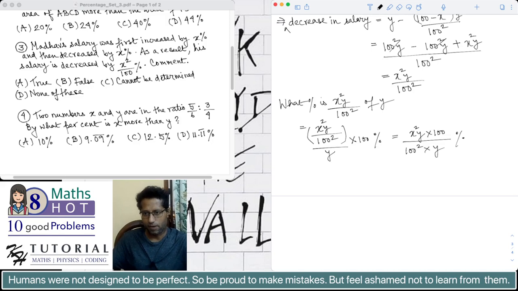Now Y cancels out, 100 divides the numerator 100 square with 100, and this is indeed X square by 100 percentage. So it is a correct statement that as a result the salary was decreased by X square by 100%. So the correct choice is, it's a true statement. Correct choice is A.